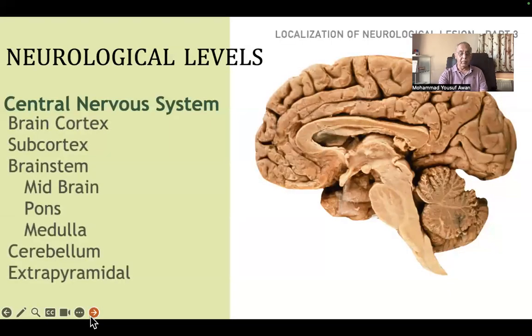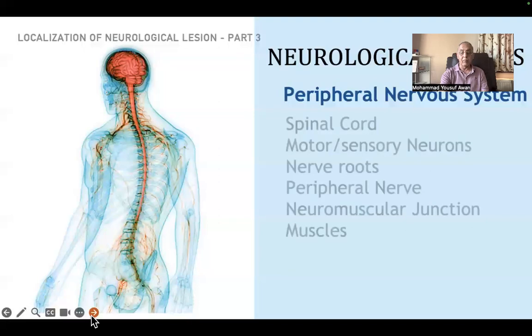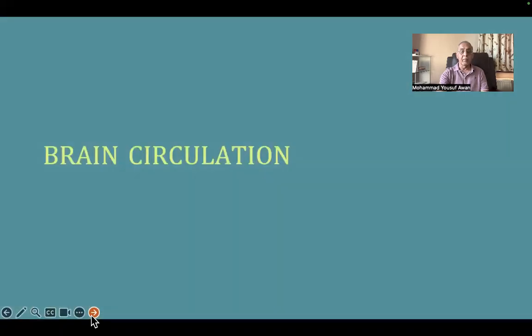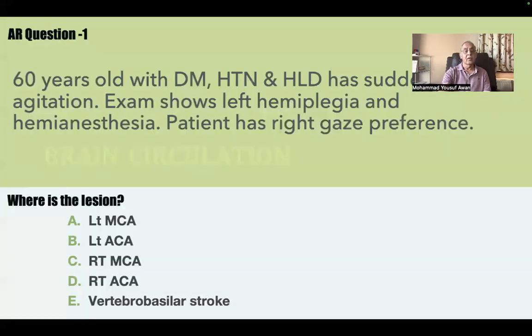So, the brain circulation. We'll start with a question. A 60 years old man with a history of diabetes, hypertension, and hyperlipidemia has suddenly developed agitation. Examination shows left hemiplegia and hemianesthesia.